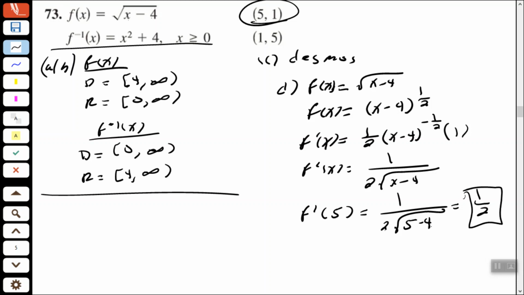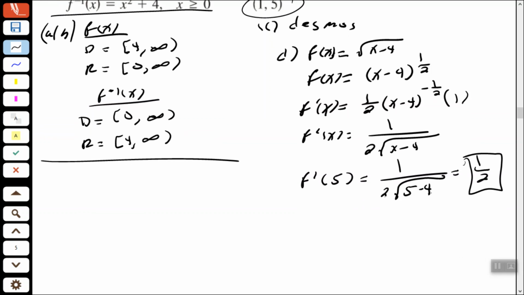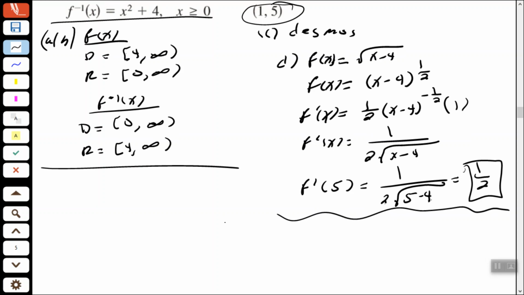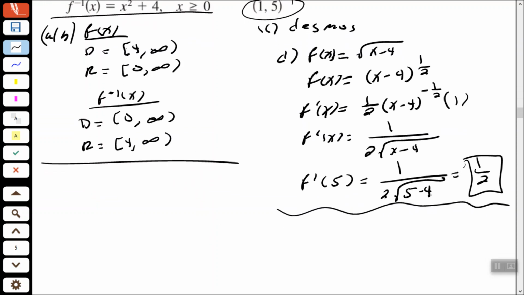Now we need to find the derivative of the inverse and use the given point 1, 5, and we want to see if the slopes are reciprocals of each other. Which simply means if I were to draw a line tangent to the curve at those two points, those two tangent lines should be parallel to each other.